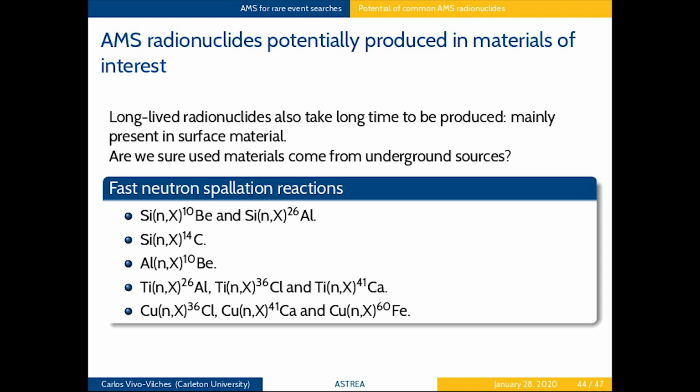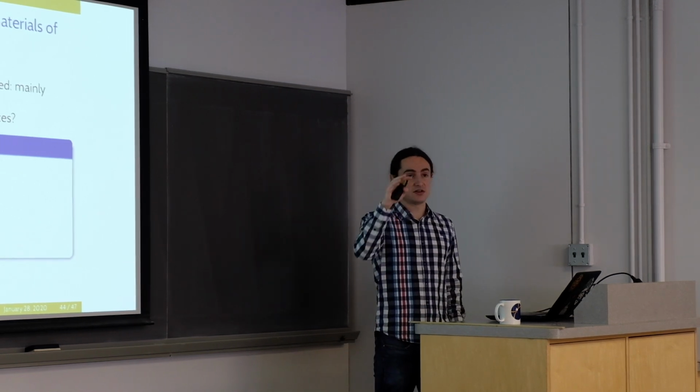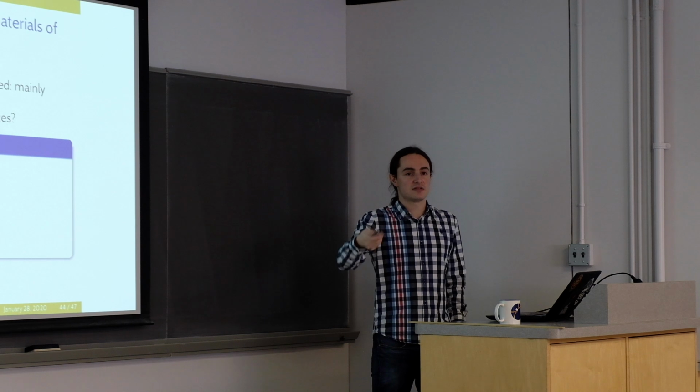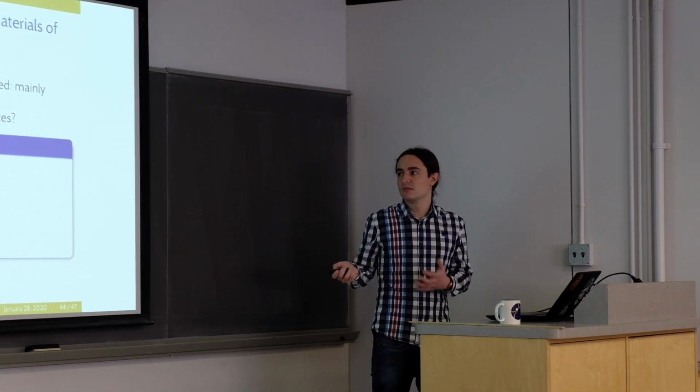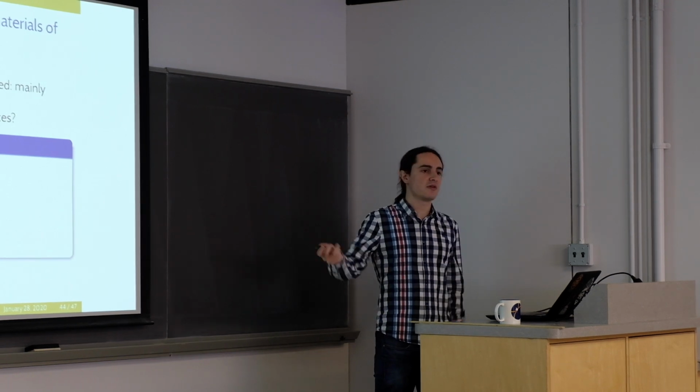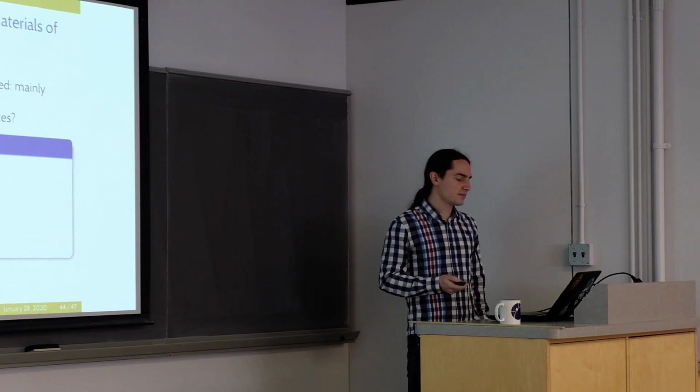But if you don't know if it could be from surface material, then it's known that beryllium-10 and aluminum-26 are produced in silica when it's a surface material for several thousands or millions of years. So if you don't know the origin of the material, it would be important to do the radioassay of this kind of very long-lived radionuclides.